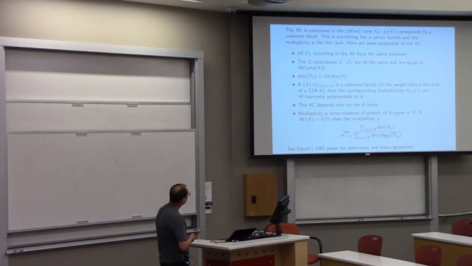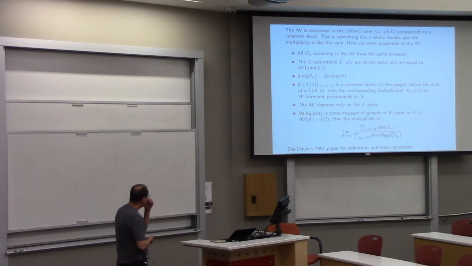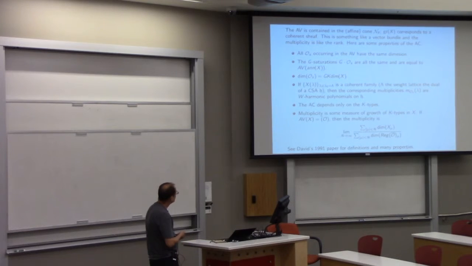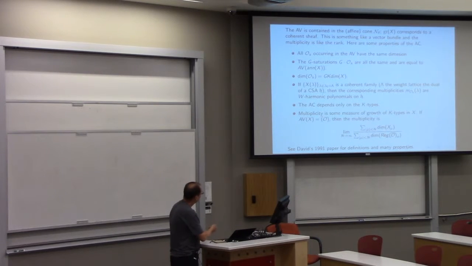It depends only on the k-types. And the last statement here is, I guess, a little bit of intuition. But I think I have a few typos here. It's supposed to be the closure. If the associated variety is the closure of a single orbit, then this formula gives the multiplicity. It's an integer. And that would be the k-isotypic component for some highest weight mu.